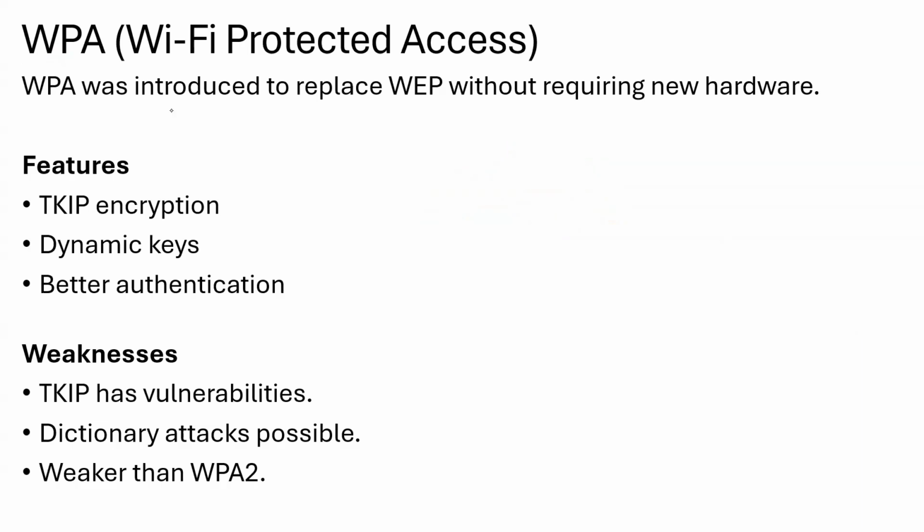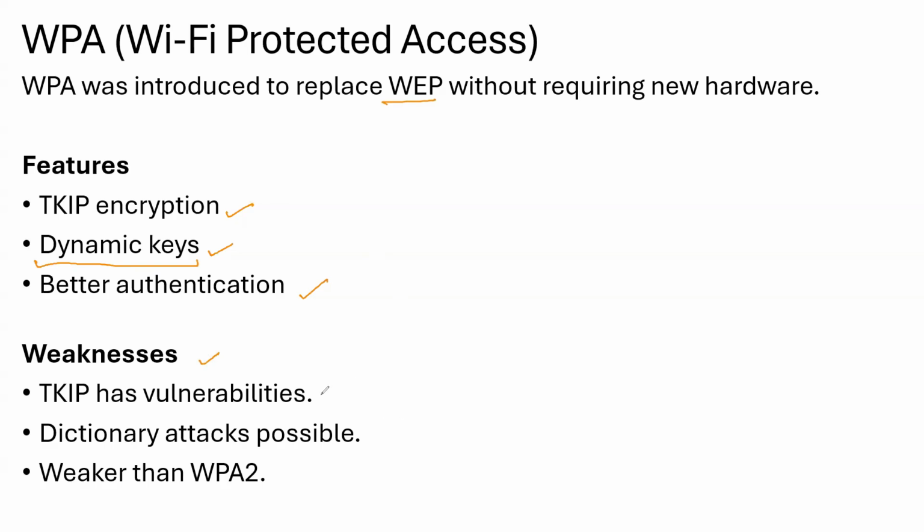Now let's talk about the features of WPA. WPA was introduced to replace the basic WEP encryption without requiring new hardware. It was implemented over the old devices. It uses TKIP encryption, dynamic keys, and better authentication. That means keys change every time during encryption.